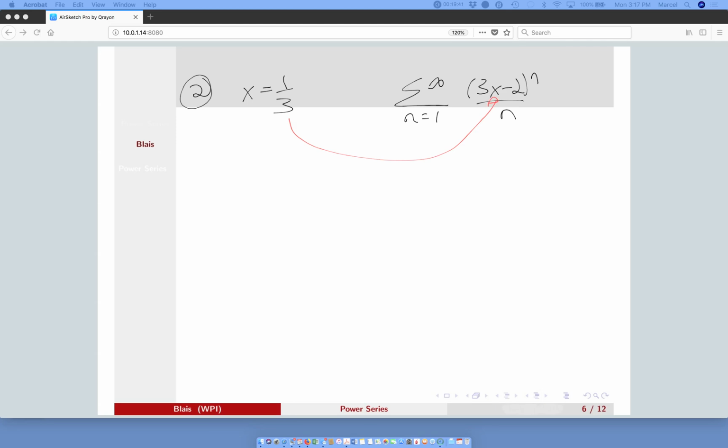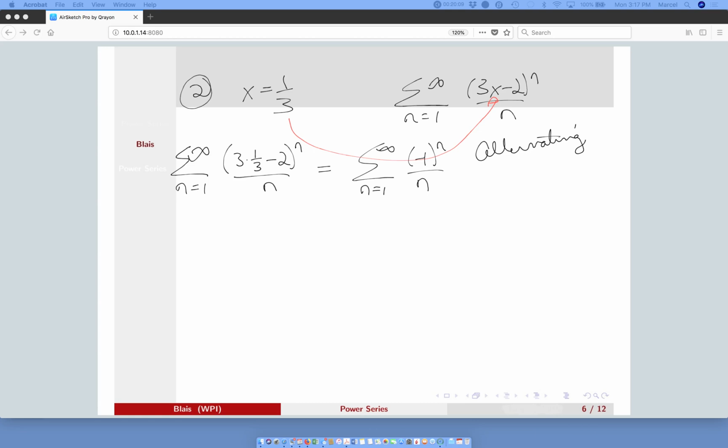And when we do that, we get the sum n equals 1 to infinity, (3 times 1/3 minus 2) to the n over n. Or the sum n equals 1 to infinity, 3 times 1/3 is 1. 1 minus 2 is minus 1. So we have (minus 1) to the n over n. And this is actually the alternating harmonic series.